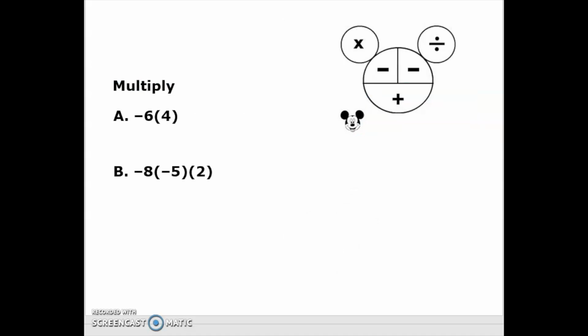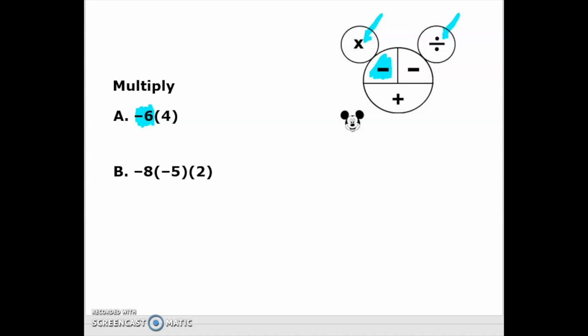So we're looking at doing some multiplication, and we can see that we're multiplying a -6. And again, these rules are only for multiplication and division, just like our Mickey Mouse ears tell us. So what we would do is cover up the signs that we see. So we would cover up a negative for the 6.